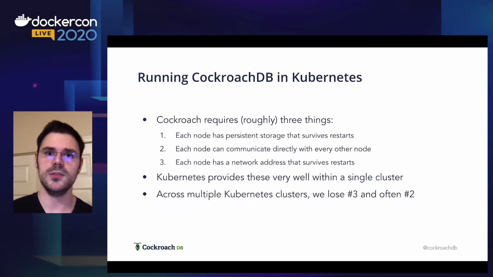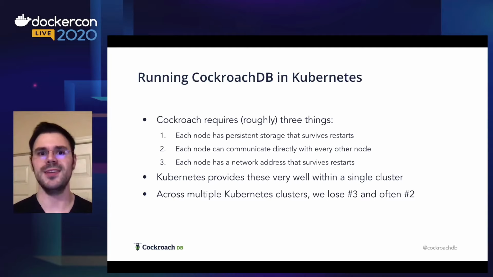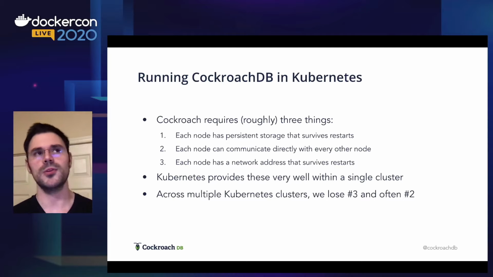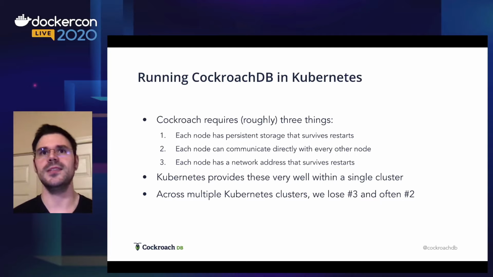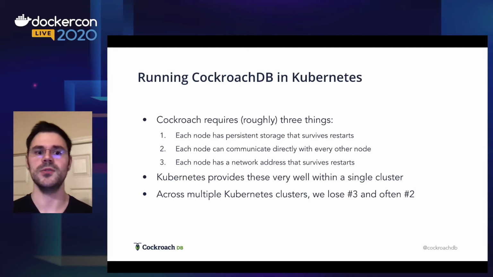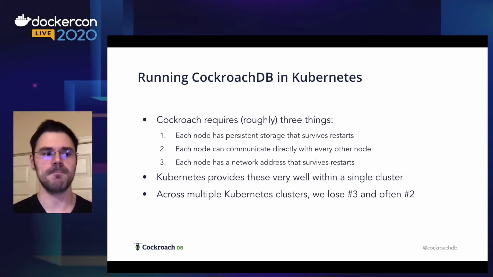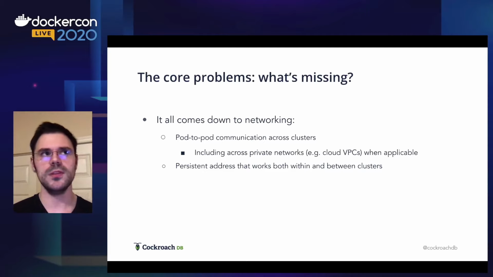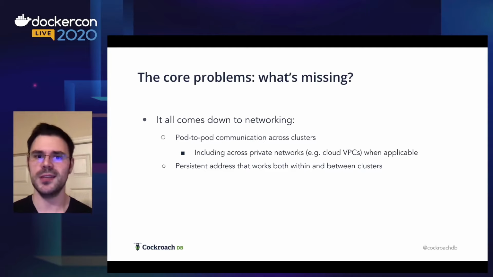However, when we get to the multi-cluster story, things get a little more difficult. Ensuring that we have these persistent network addresses across our clusters gets difficult. And if we're not running in the same cloud environments, or we don't have VPC peering available to us, having nodes be able to communicate with each other is pretty sketchy at best. This all boils down to networking in some fashion.